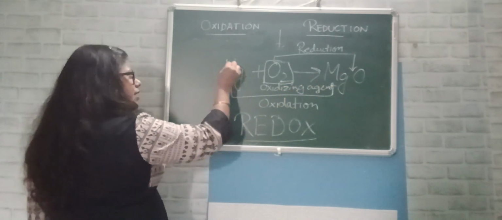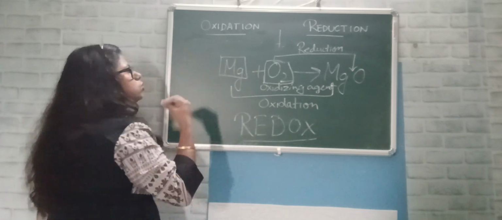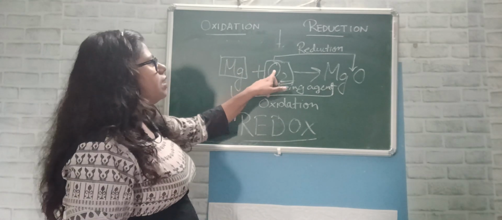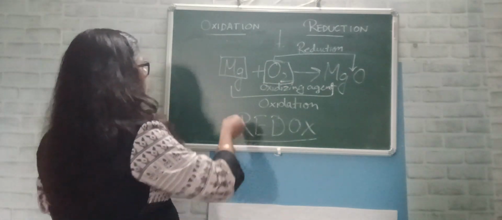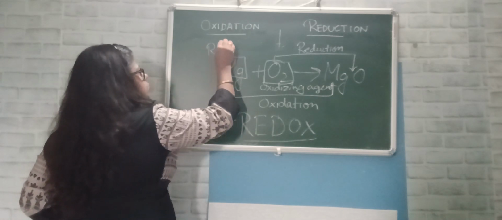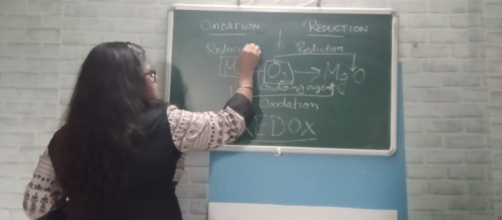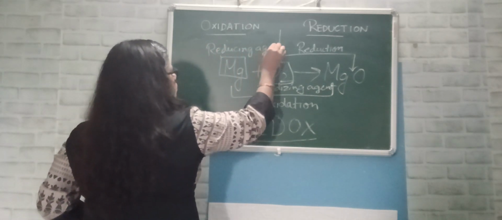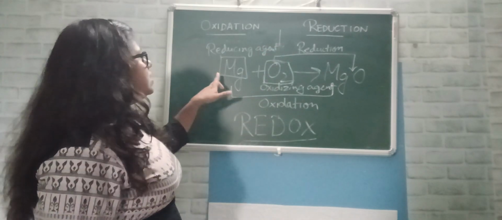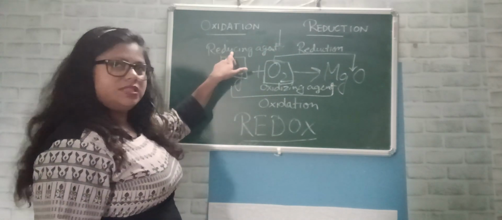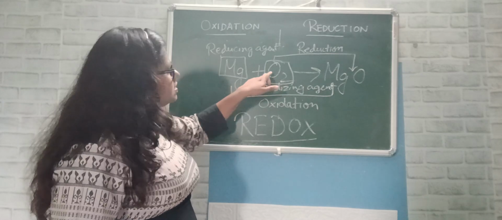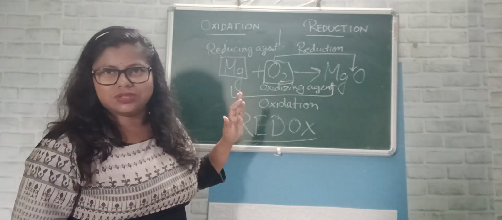And as magnesium was there to donate electrons, only then did reduction happen. That means magnesium is the reducing agent. So the one which is getting oxidized will be the reducing agent, and the one which is getting reduced will be the oxidizing agent.